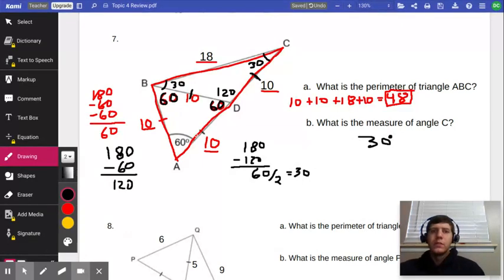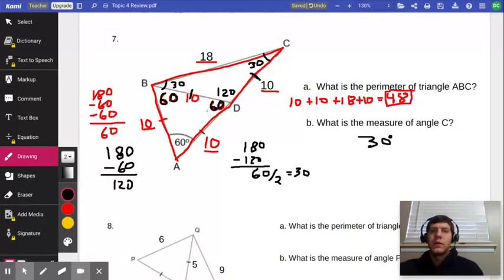Okay, so again, just to recap, since this is 60, and it's isosceles, we know that this is also 60, which told us that this third angle also had to be 60, because 180 minus 60 minus 60 gives us 60. So this actually has to be an equilateral triangle.